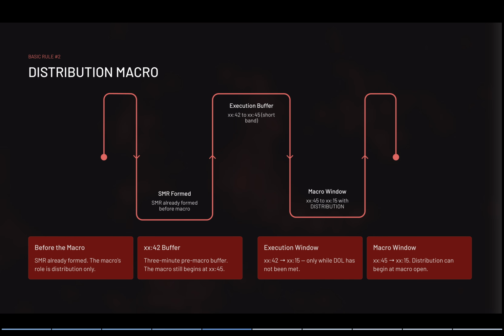Notice the small distinction. The actual macro is still XX45 to XX15. XX42 is not the start of the macro, it is a 3-minute pre-macro execution buffer. So when the smart money reversal formed before the macro, I can't just take the trade whenever I want, I need the macro to catch the distribution.